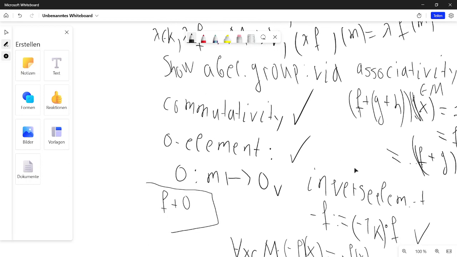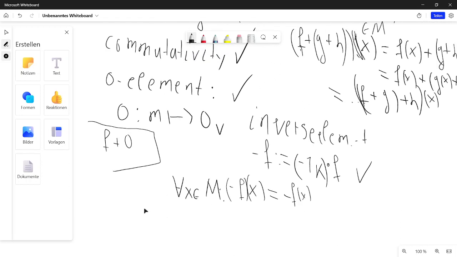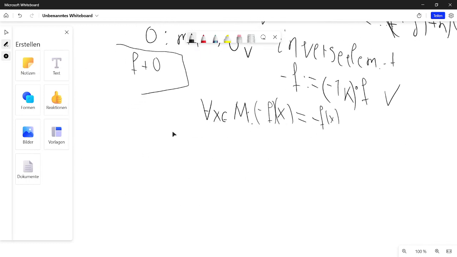So that's it. And now the properties of scalar multiplication.